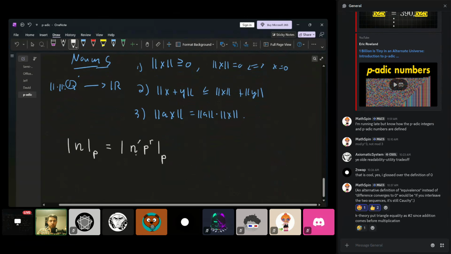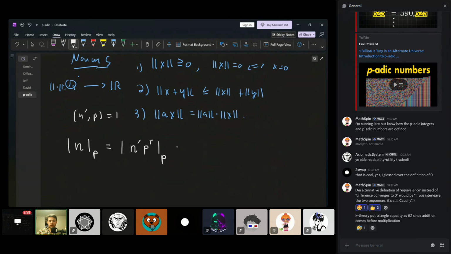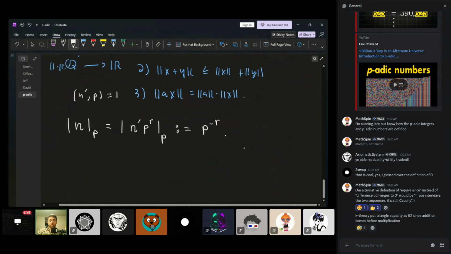So n is equal to n prime times p to the r, where n prime is some integer which is relatively prime to p. And the p-adic norm will be defined to be p to the minus r. So in other words, we're thinking of integers that are very, very divisible by p as very, very small.